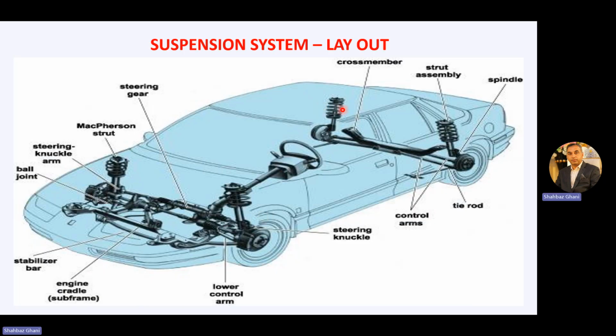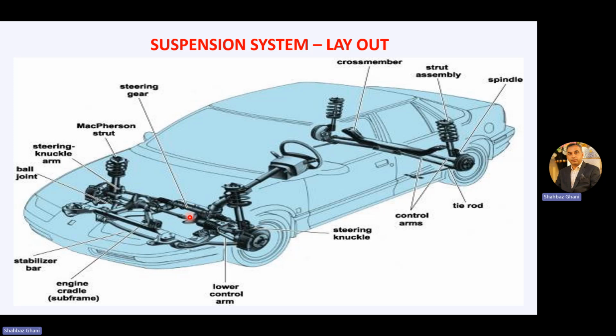Now, general layout of the suspension system. If we talk about the front suspension, we start from the wheel. We have a steering knuckle here. Then we have a lower control arm. Then we have engine cradle or subframe here. Then this is your stabilization bar. Then we have a ball joint and steering knuckle arm. And then this McPherson strut and the steering gear.